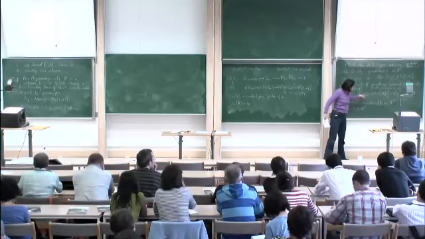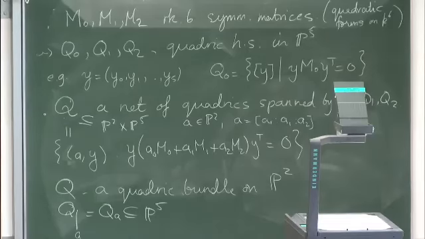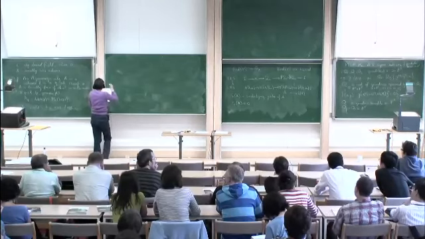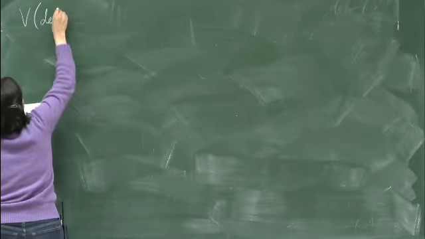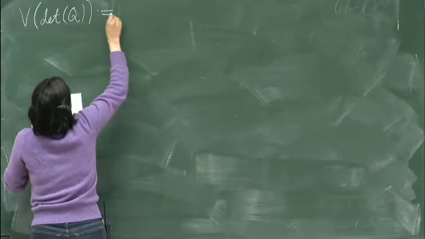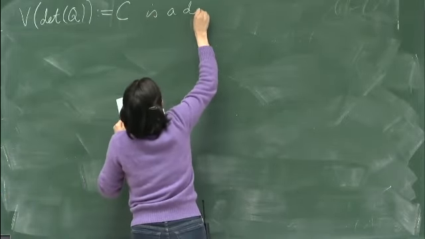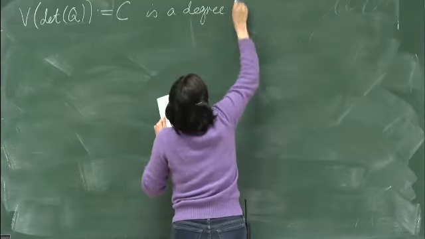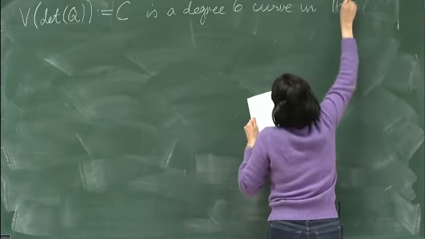So this is a matrix with linear entries in the A_i, and wherever the determinant vanishes, that's where the quadratic form will degenerate. I'm going to call the vanishing locus a curve C. It's going to be a degree 6 curve in P2.